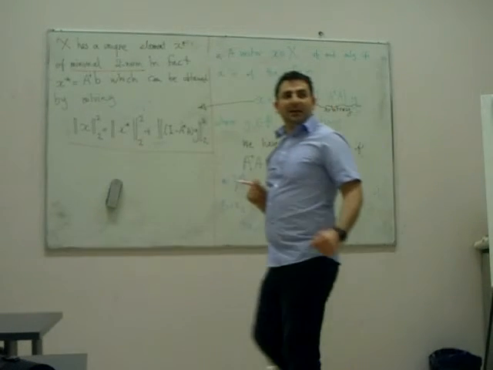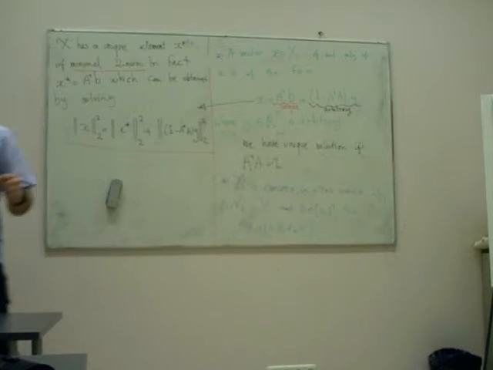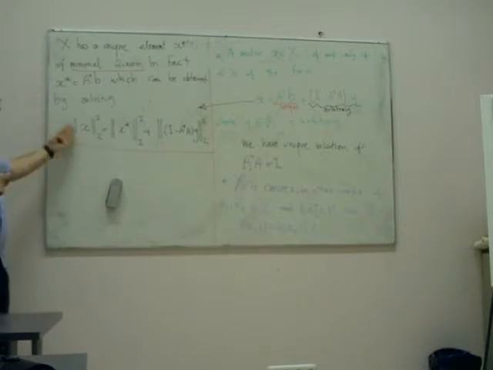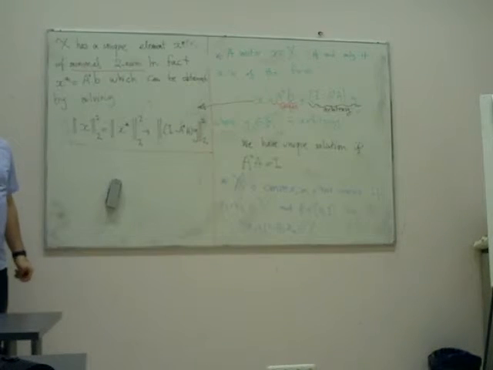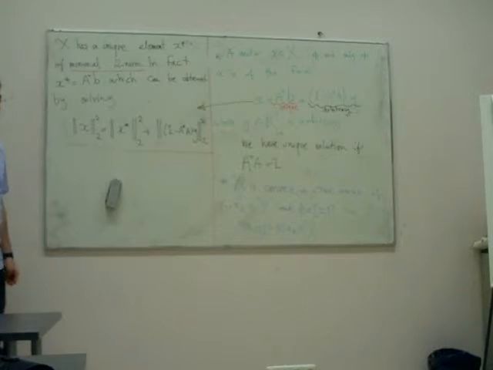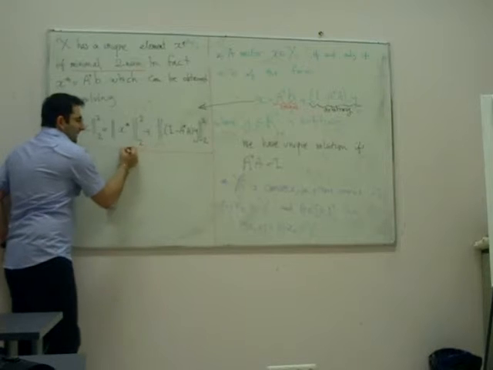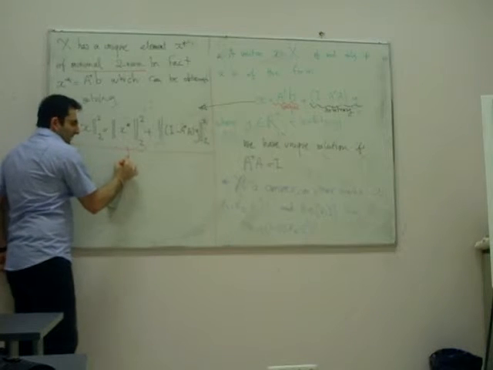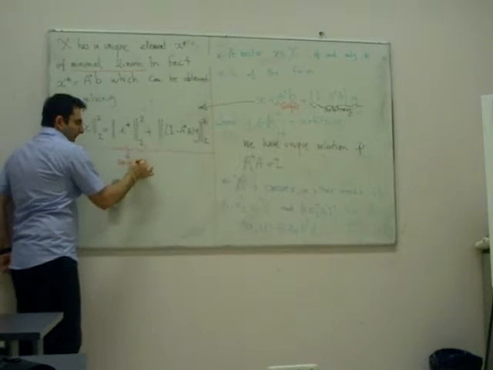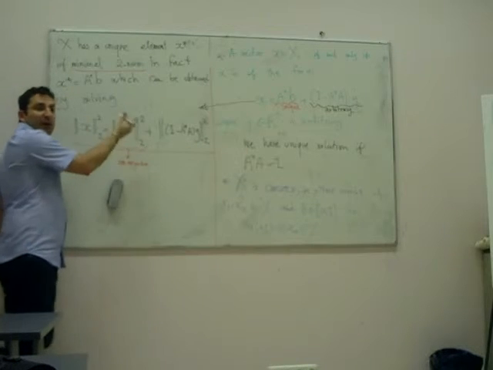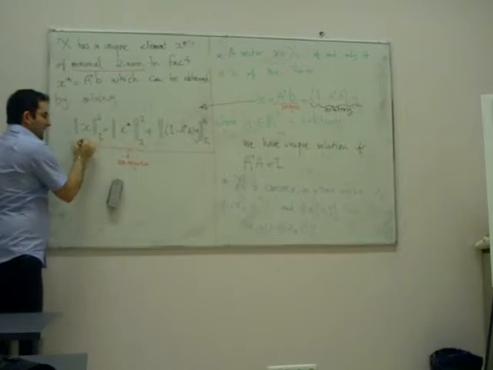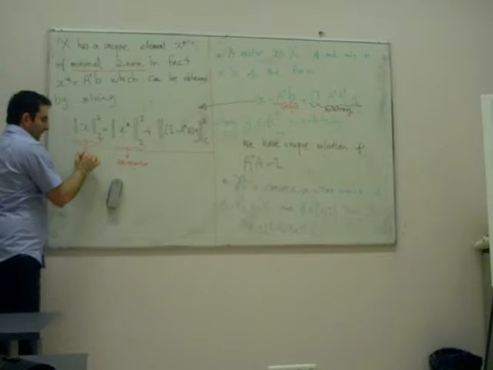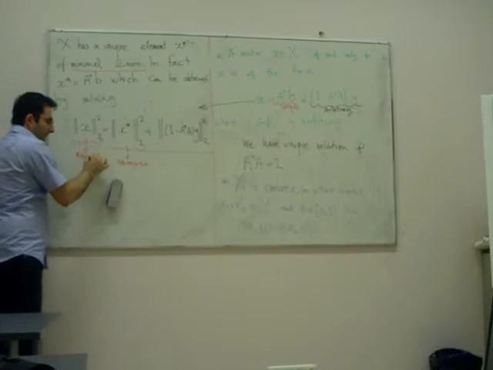Now, can you tell me when do I have the minimum value for X norm squared? When? Look, this is non-negative, right? And this is something that I try to find. This should be minimized.